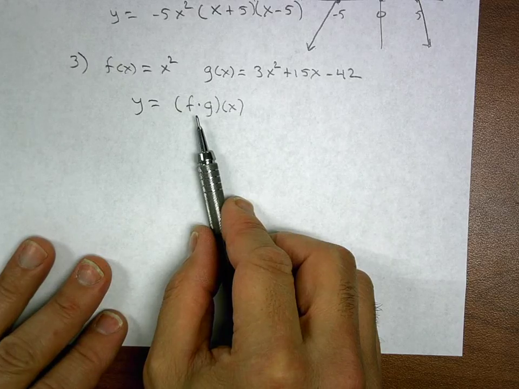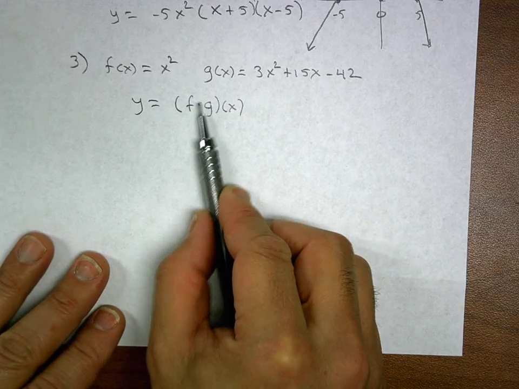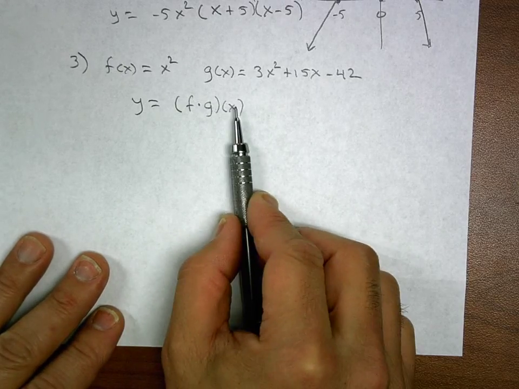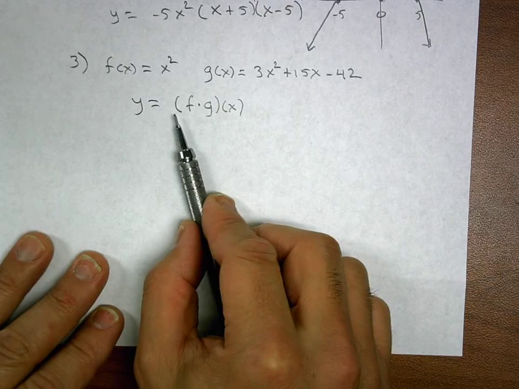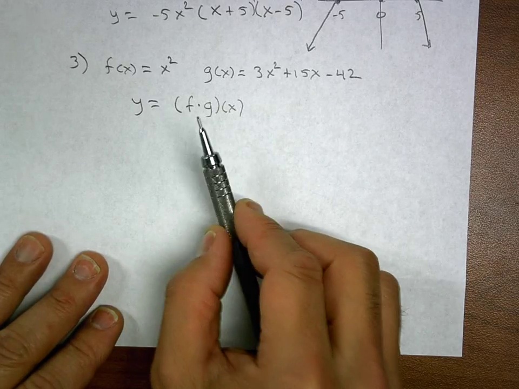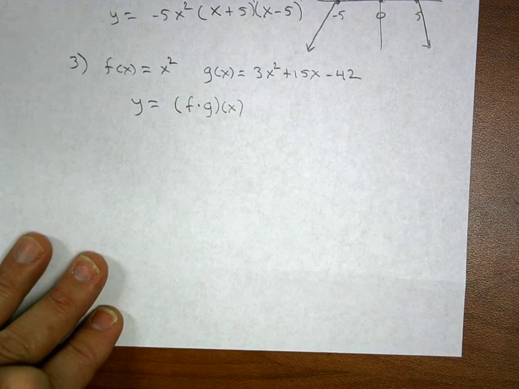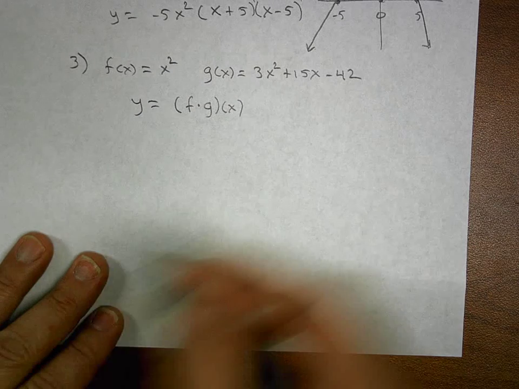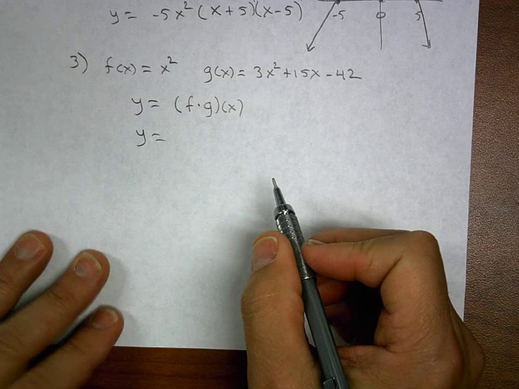This is not f of g of x, this is not a composite, this is just literally f times g. So it's f of x times g of x. Let's write that, and then we'll graph it.